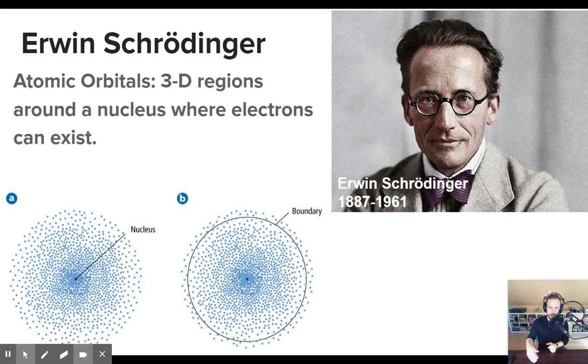And quantum computing is based off of this uncertainty of subatomic particles. A quantum computer uses quantum bits, which is a particle that can be both a 0 and a 1 at the same time. Because just like an electron can be in multiple places at the same time, it could also be a 0 and a 1 at the same time.